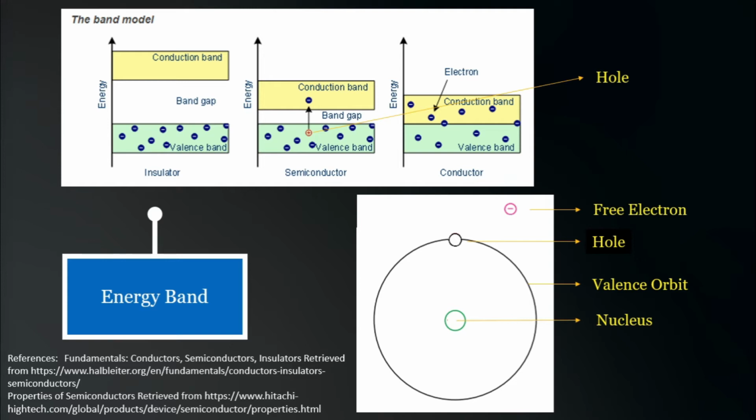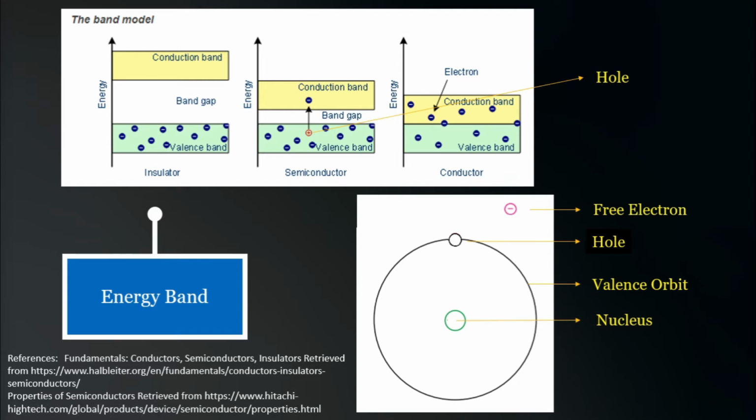At absolute zero temperature, all valence electrons are on the valence band, resulting in no free electron in the conduction band. Thus, semiconductors act as insulators at this temperature.